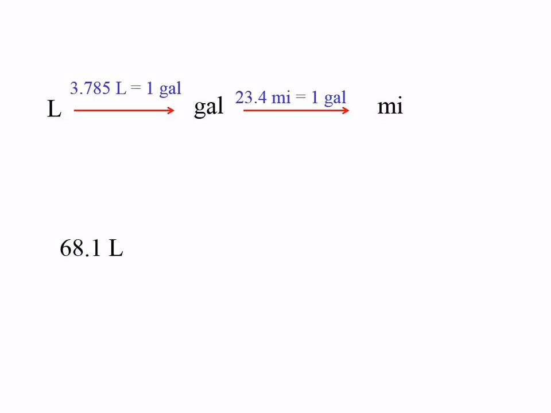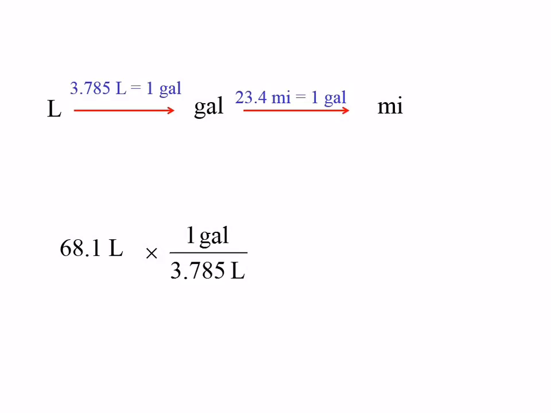Yep, 68.1 liters over 1. Very good. Now I'm going to go from liters to gallons using this equivalency statement. I want liters to cancel, be left with gallons, so what does that look like? Yep, 1 gallon over 3.785 liters.